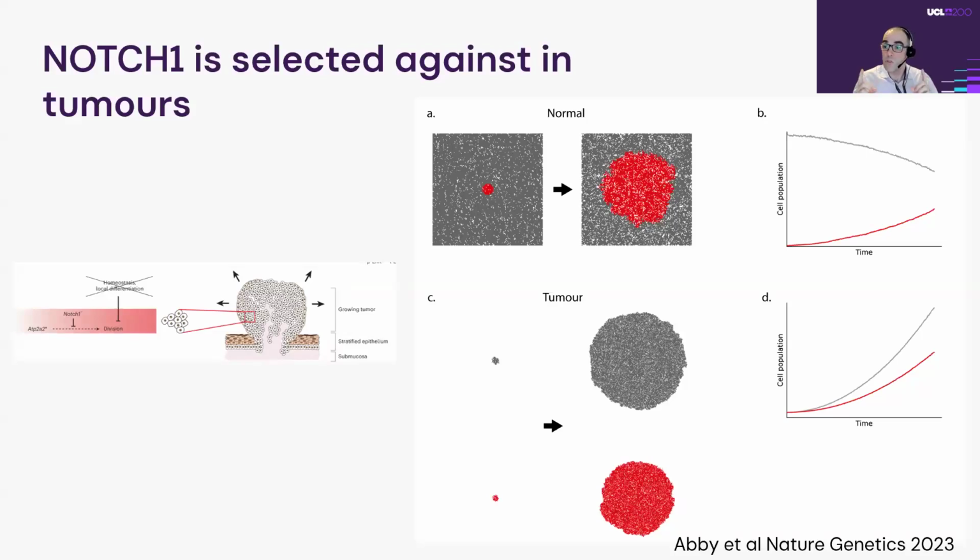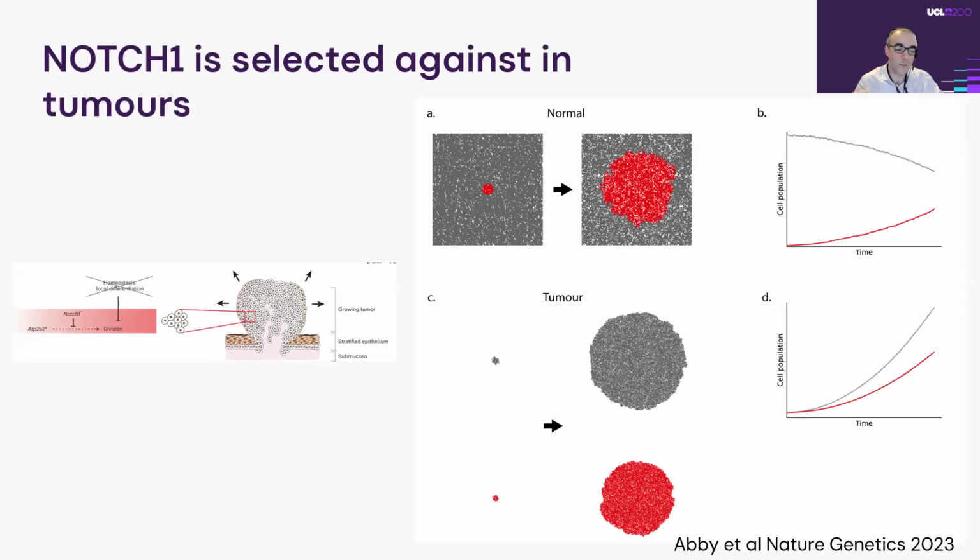But those two properties, the change in division rate and the differentiation bias, have radically different effects in the tumor. In the tumor, the cells are already committed to being progenitors, so loss of differentiation further has no effect. But the division rate becomes much more important. And so mutations to Notch that can be extremely fit in the healthy tissue are actually selected against in the tumor.